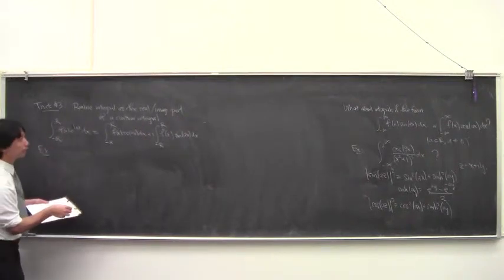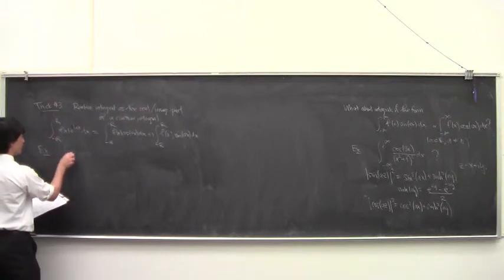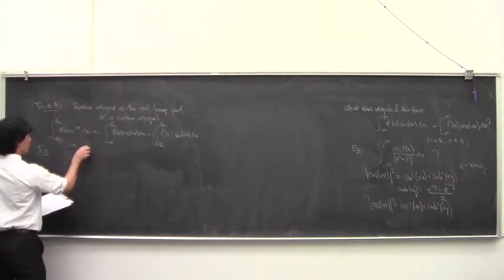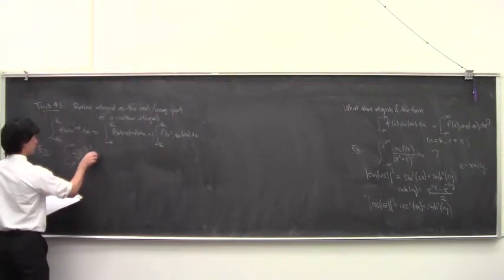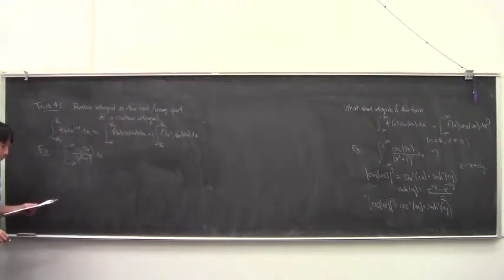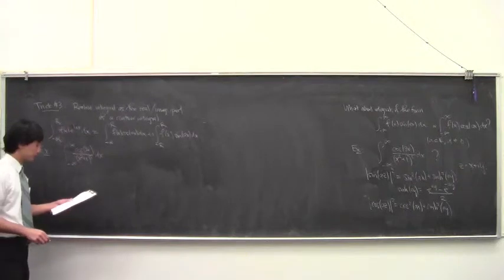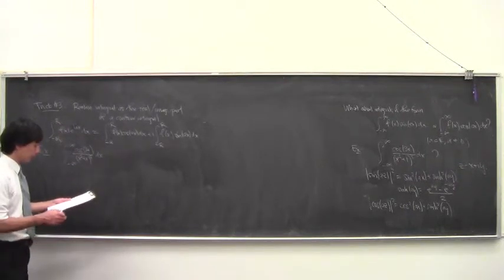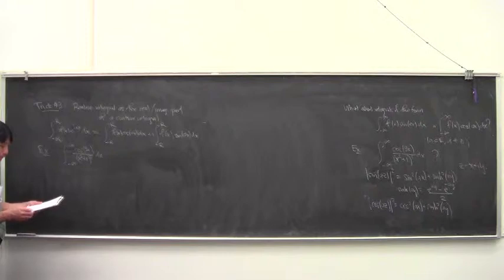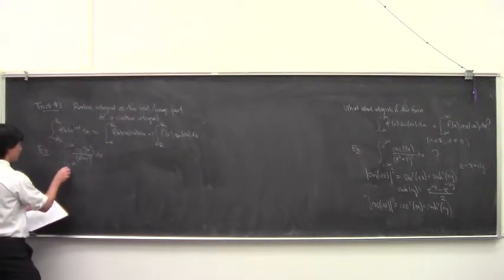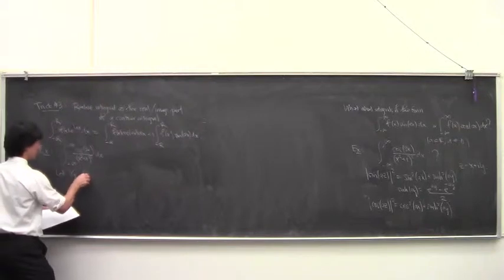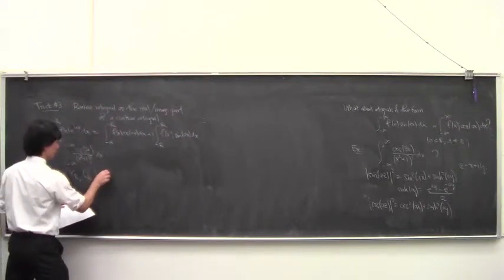Let's go back to the example: the integral of cosine 3x over x squared plus 1, quantity squared, dx. As before, let gamma sub r and c sub r be as before.